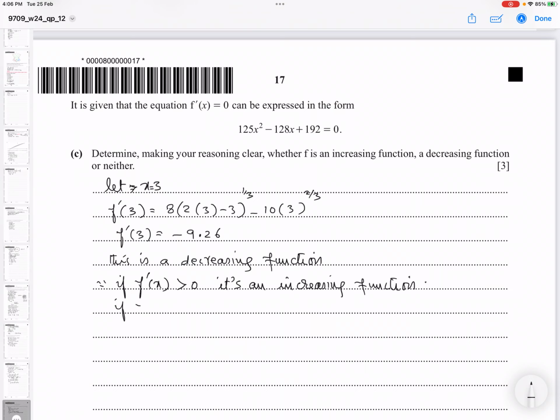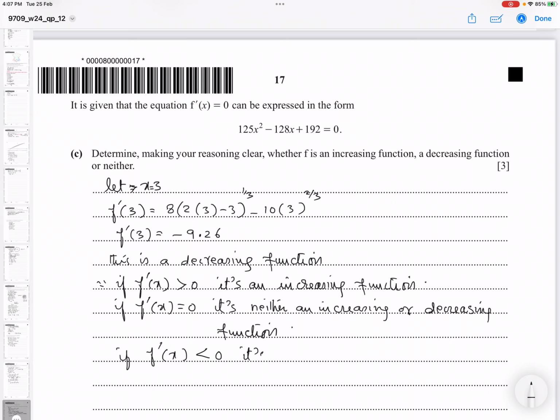And if f prime x is equal to 0, it's neither an increasing nor decreasing function. And if f prime x is less than 0, it's a decreasing function.